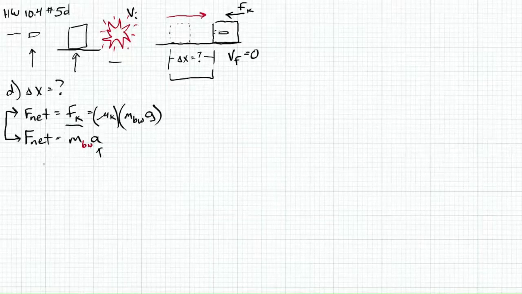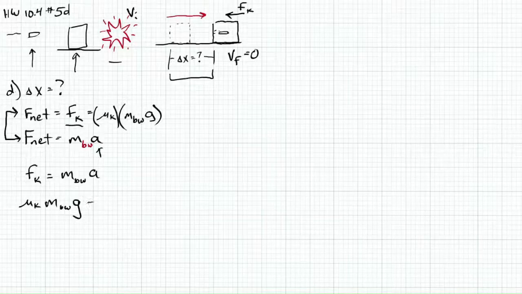Let's set these two equal: kinetic friction equals mass of the two objects together times a. So mu k times mass of the bullet and wood combination times gravity equals mass of the bullet and wood combination times acceleration. And we can see that the masses go away.